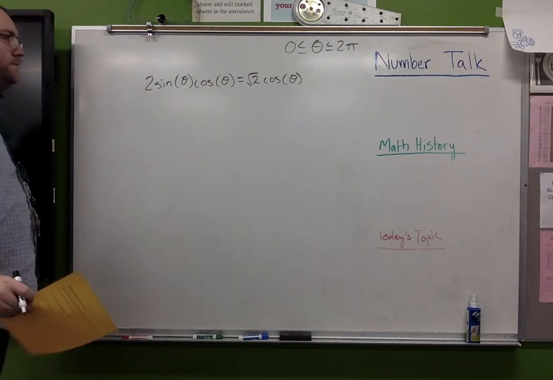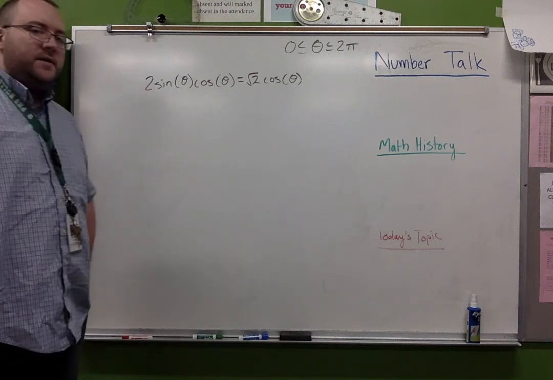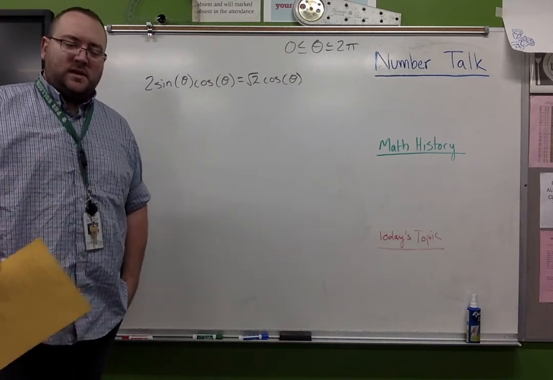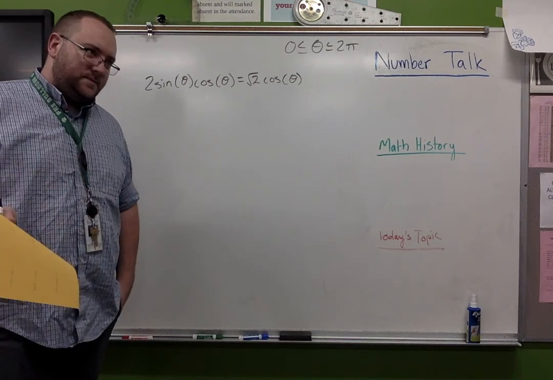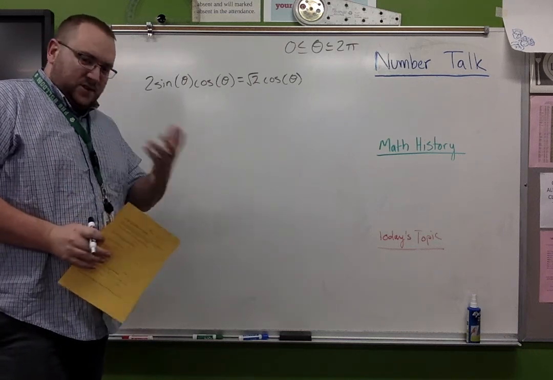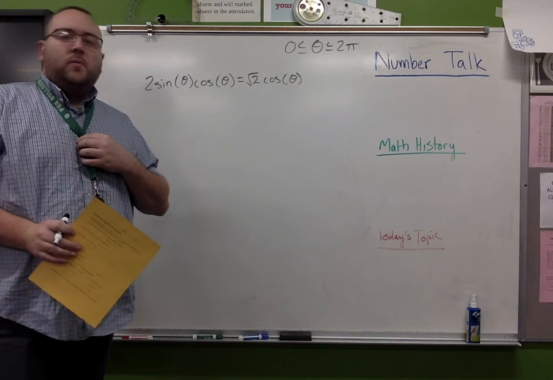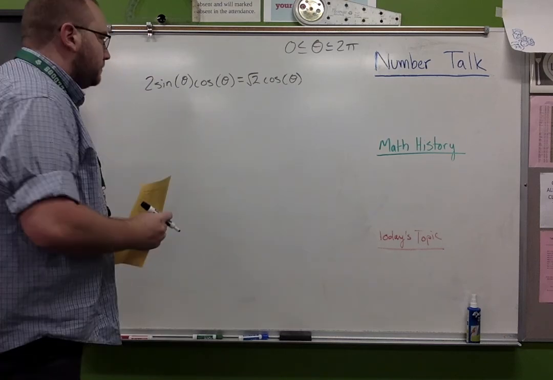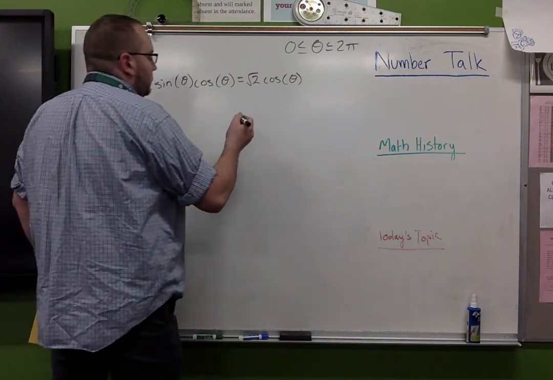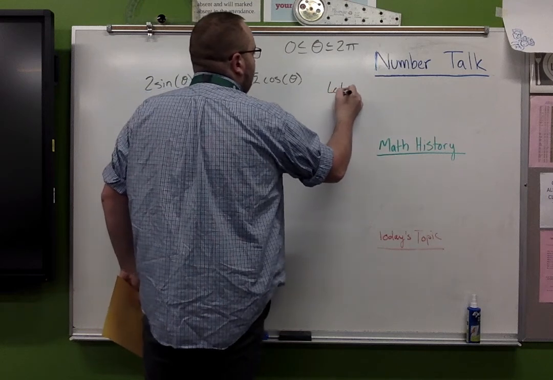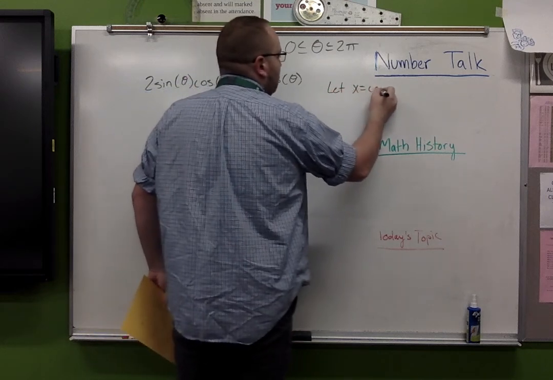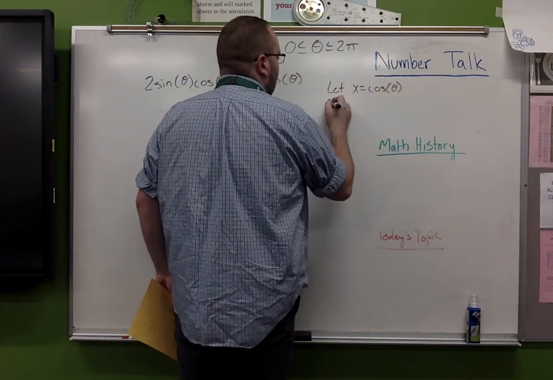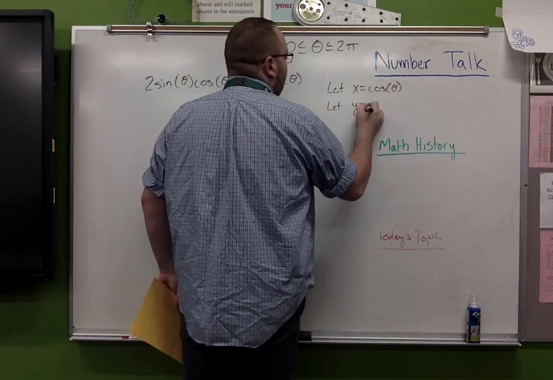Now what I'm going to do, I'm going to show you a method where it's going to be a little bit easier. I don't want to say it's going to make more sense because it's just factoring either way, but it'll be more recognizable to you. So I'm going to say let x equal cosine of theta and let y equal sine of theta.